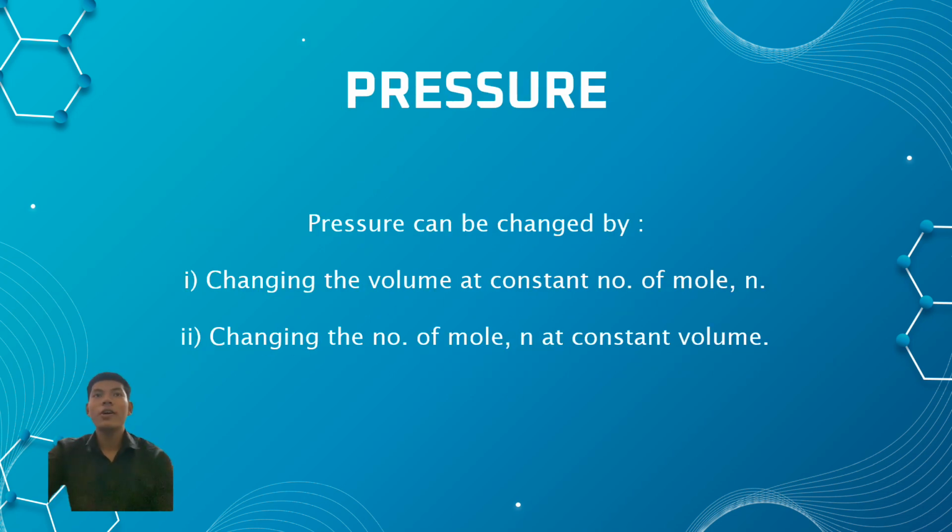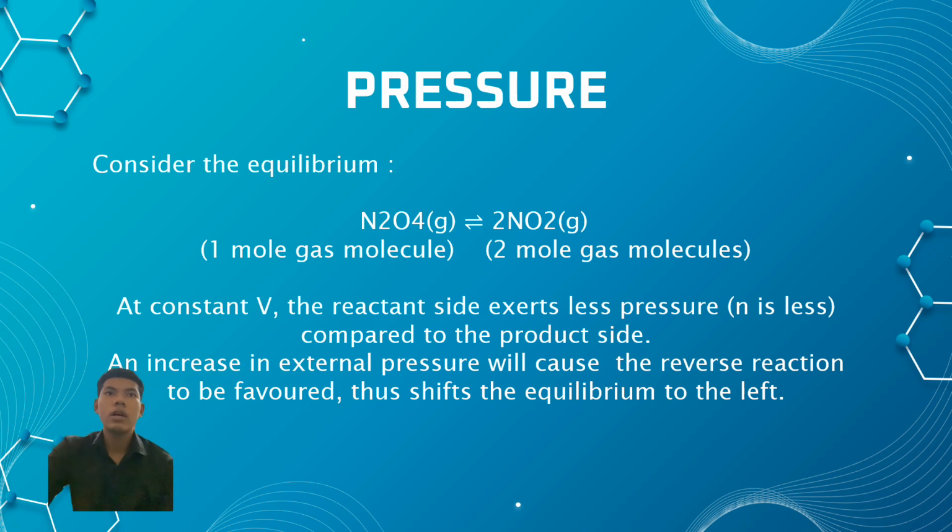Pressure can be changed by changing the volume at a constant number of moles, N, or by changing the number of moles, N, at constant volume. Consider the equilibrium N2O4 changing to 2NO2, from 1 mole of gas molecules to 2 moles of gas molecules.